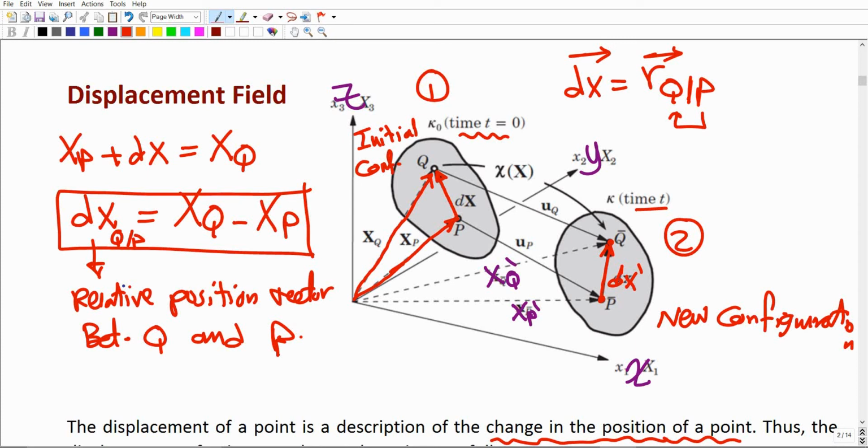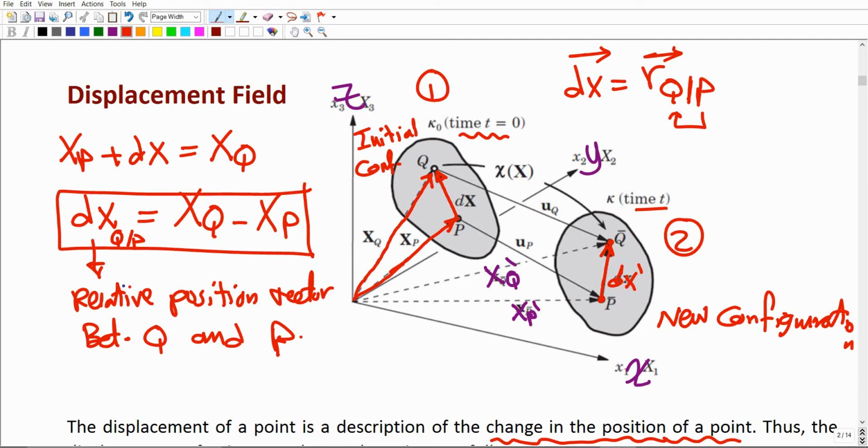This deformation will be in the form of rotation. It means that this bar, this dx, will be rotated. It will be the same length, the magnitude of dx, because dx itself is a vector. The magnitude would be the same, but the direction will be different. This one is directed this way, this one has another direction. So there is still deformation. There is no pure rigid body motion.